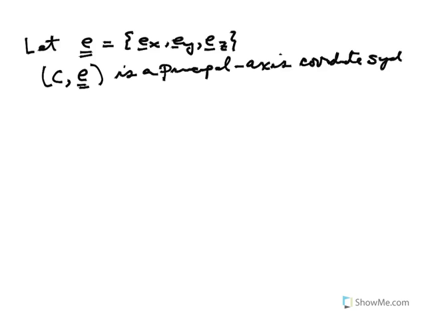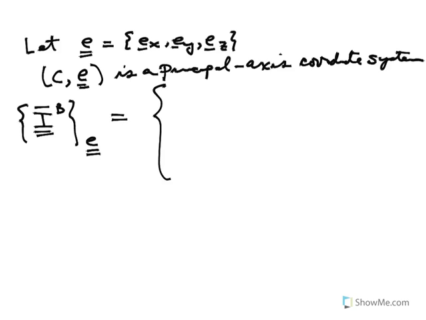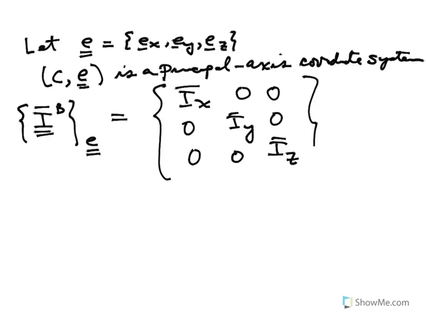As a result, I know that the inertia tensor of the body, when expressed in this basis E relative to the center of mass, is going to equal Ix bar, Iy bar, Iz bar, with all zeros elsewhere.